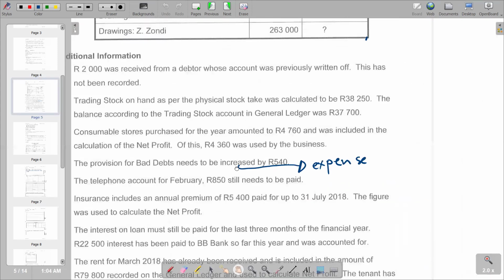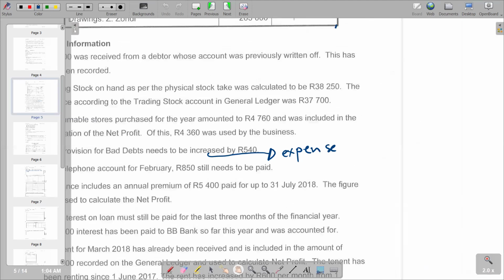So it started the previous year, 1 March 2017. So this is our financial year. But we know that the annual premium is for 12 months, which is up to 31 July 2018, of which 31 July 2018 is out of our period. Our period is ending 28 February 2018.